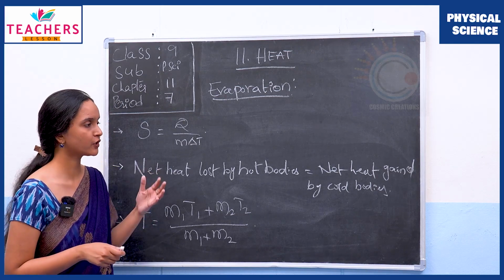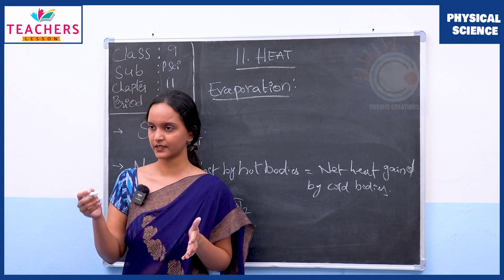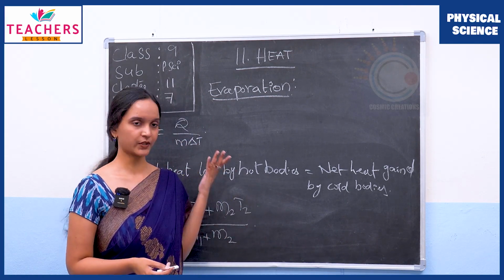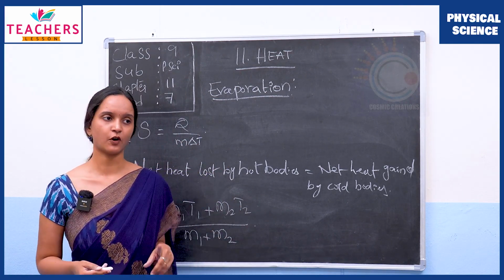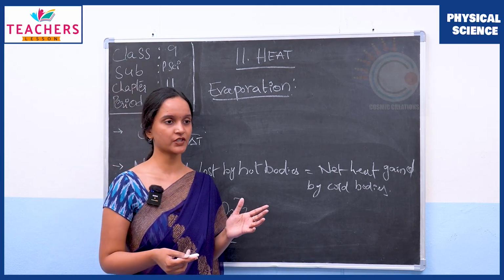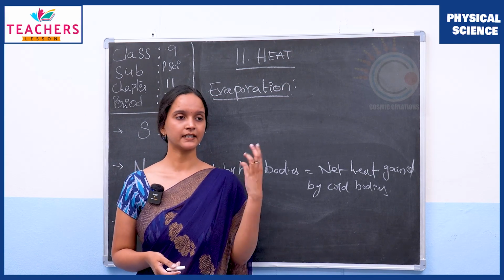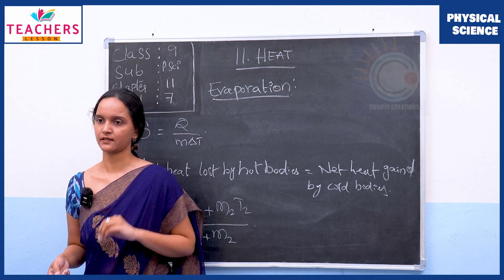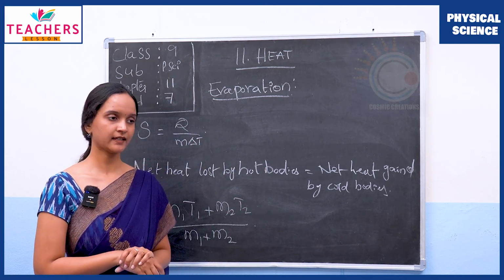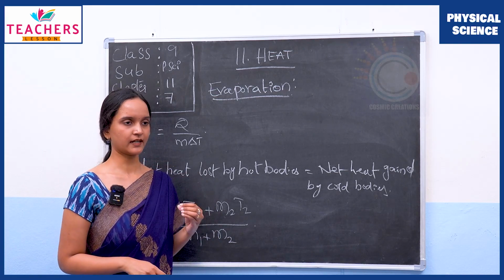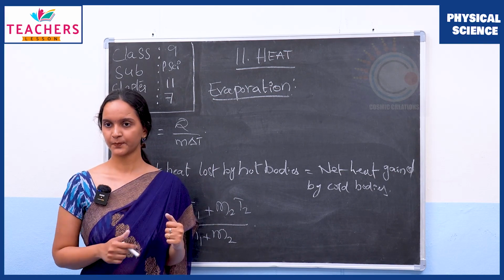The escaping of the molecules from the surface of the liquid at any temperature is called evaporation. We have also learned that evaporation is a surface phenomenon and it is a cooling process. Today in this session, let's look a little deeper into evaporation and understand how this works.